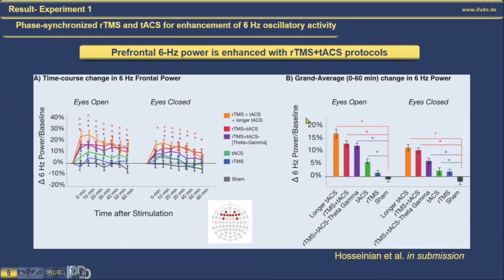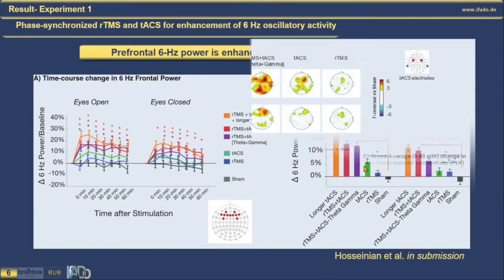The grand average changes in 6 Hz power for 60 minutes show that in both the eyes open and eyes closed conditions, the 3 combined protocols significantly enhance theta power relative to sham. And tACS only, as you can see here, showed an enhanced effect, but the effect is around 15% less.